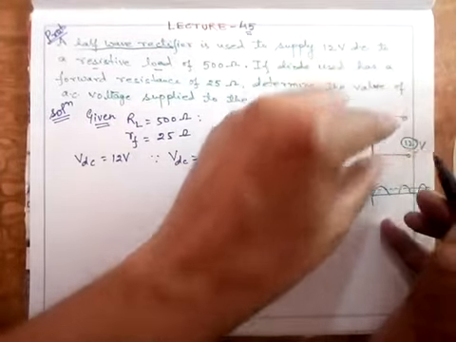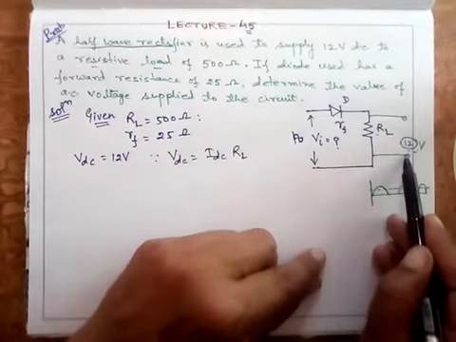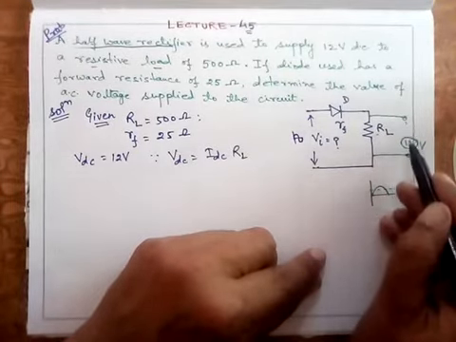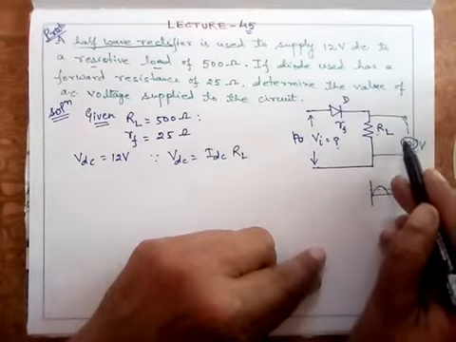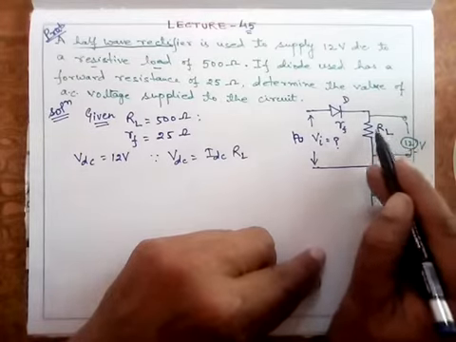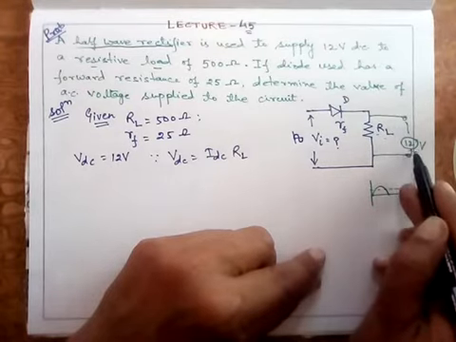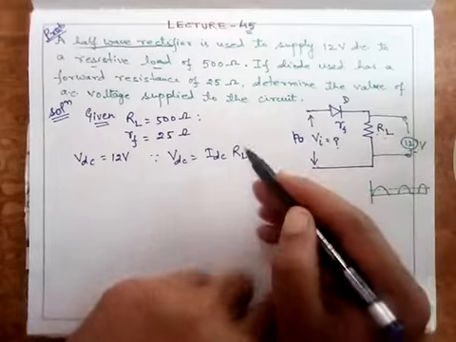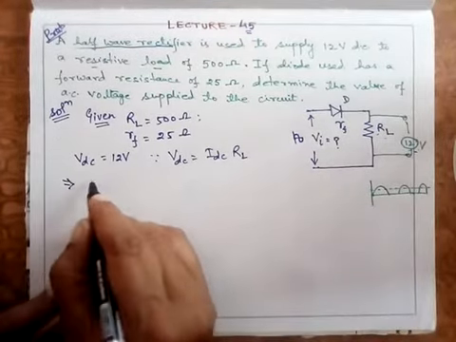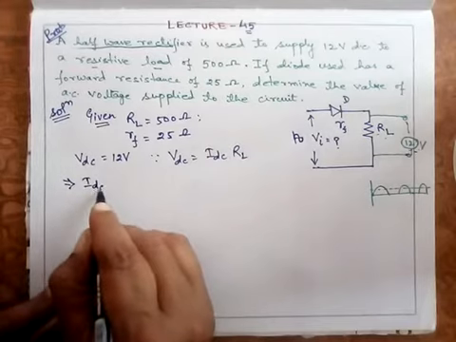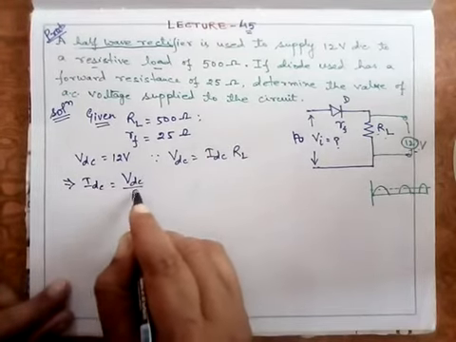If I apply a voltmeter between these 2 points, this voltmeter will give me the value of IDC into RL, which is 12 volt. This implies that the value of IDC will be VDC upon RL.